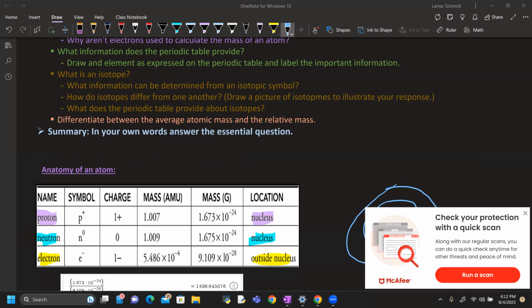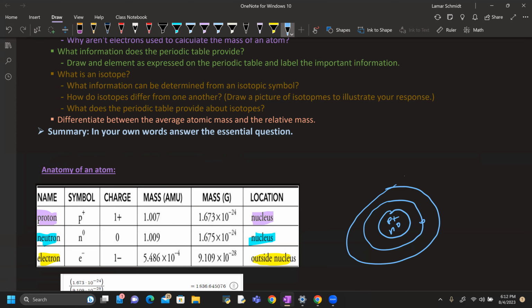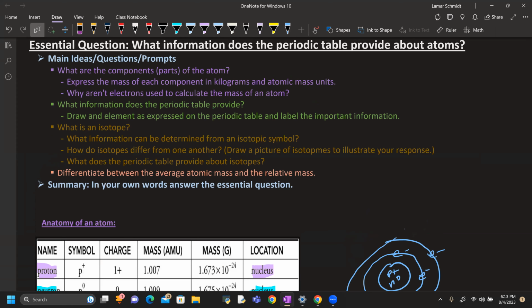And there we have electrons. I'm just going to draw three there for no particular reason, just to show that there are electrons outside of the nucleus. So there we see the components of the atom and their location.